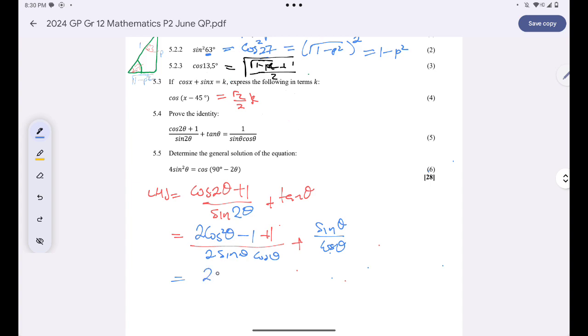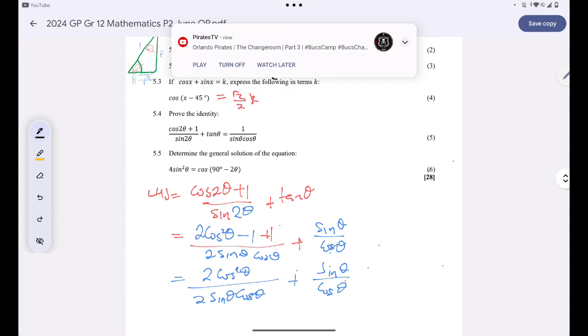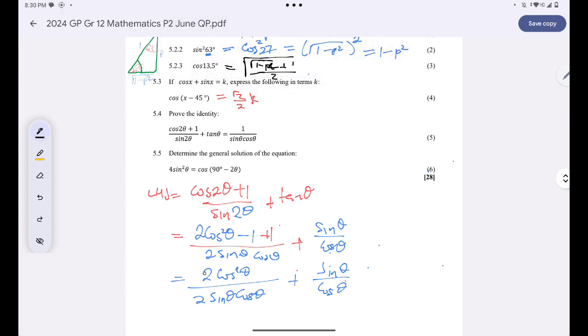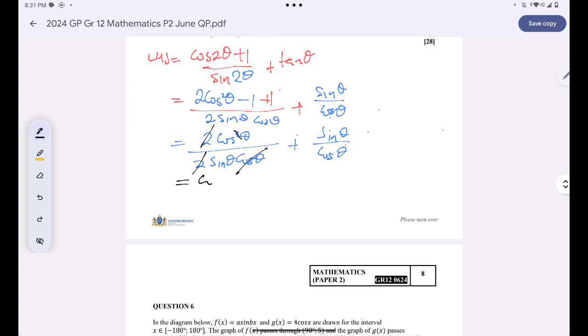There at the top I'll be left with 2 cos squared theta because the ones will subtract one another, all over 2 sine theta cos theta plus sine theta over cos theta, right? And then the 2 will cancel the 2, the cos will cancel one of the cos's there, and then I will be left with cos theta over sine theta plus sine theta over cos theta. Can multiply by LCD.